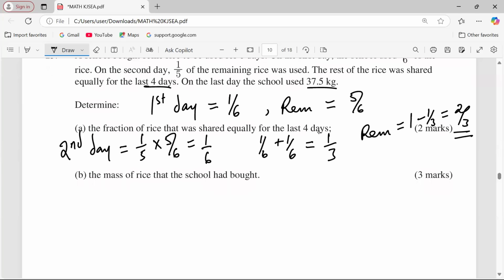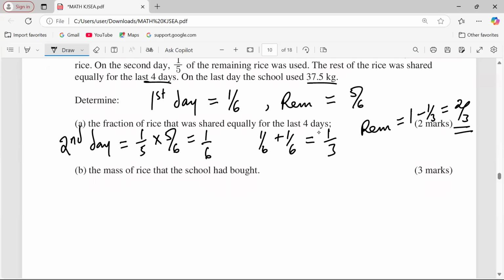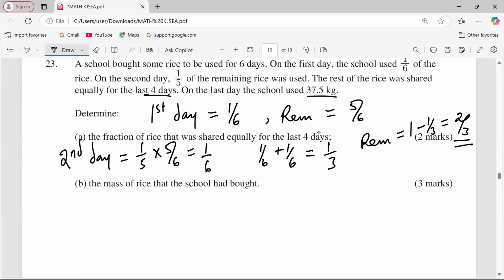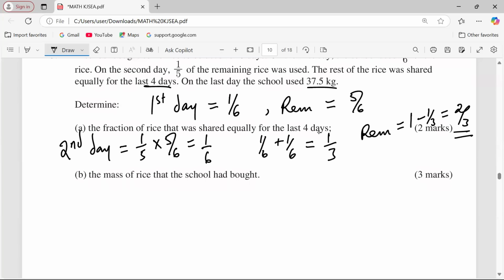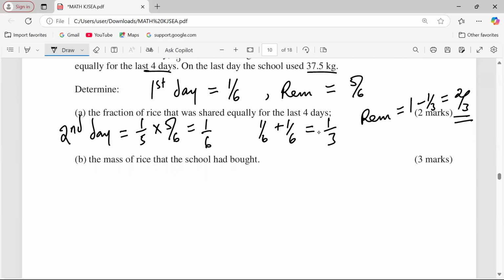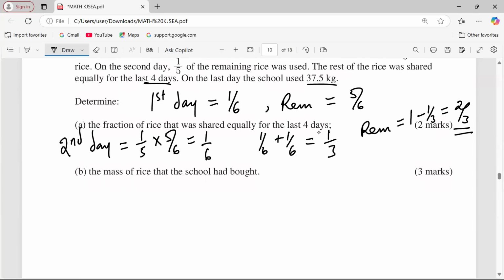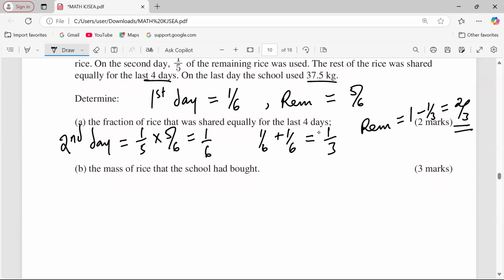What mass of rice, determine the mass of rice that the school had bought? So we can say now 2/3 is being shared for the last 4 days. And in the last day, they are using 37.5.